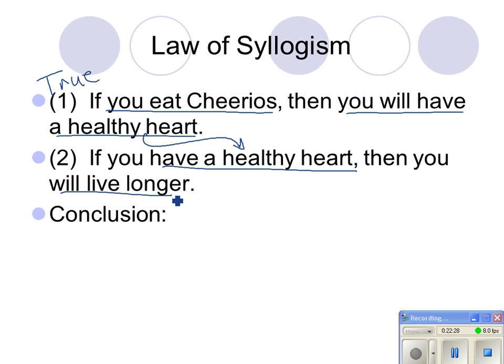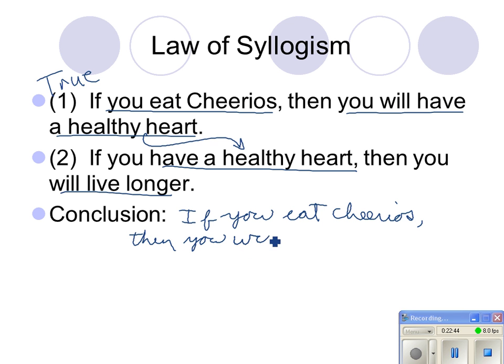So our conclusion that we can draw, if you eat Cheerios, then you will live longer. And we can use the law of syllogism because eating Cheerios led us to a healthy heart led us to living longer. So eating Cheerios could directly lead us to living longer.